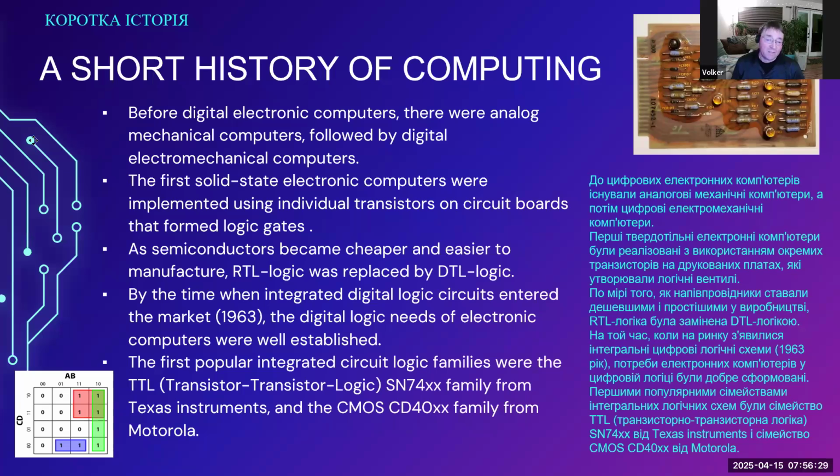There was a lot of money behind it, and so the development never stopped. On the upper right-hand side, you can see, for example, a circuit board that is the equivalent of a digital logic gate.